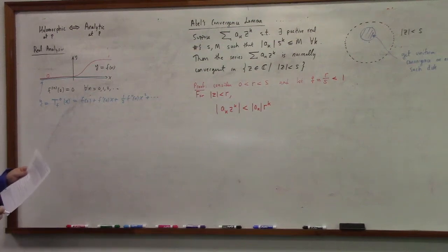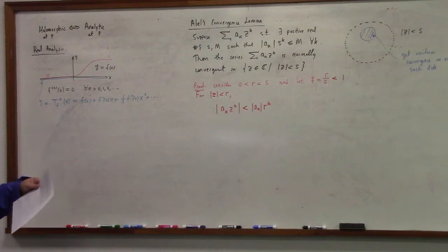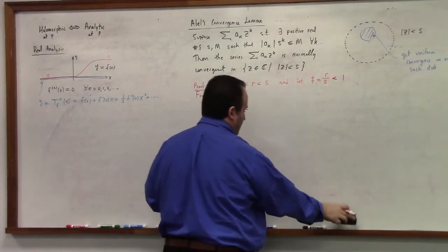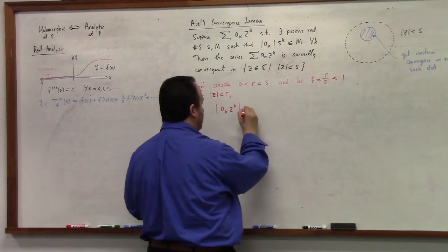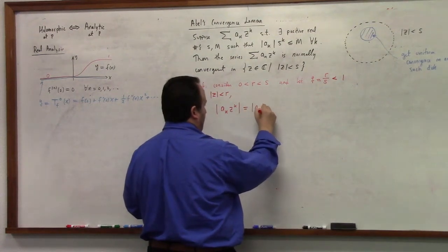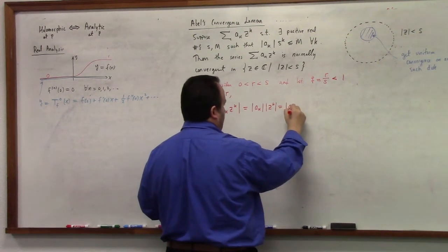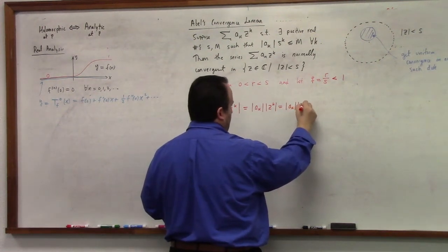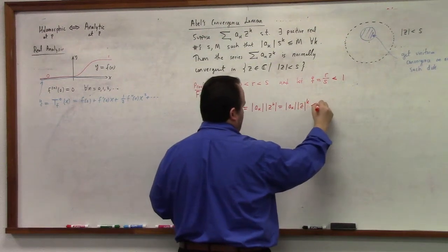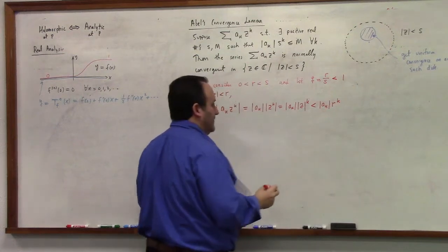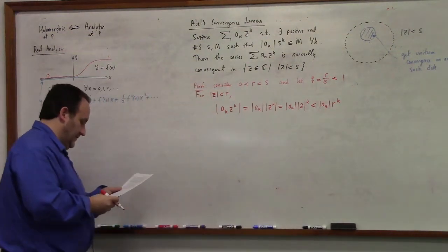I could put in another step. The modulus of the product is the product of the moduli, and then you can pull the k out. So this is equal to modulus of a_k times modulus of z to the k power, which then is less than modulus of a_k times r to the power k by the assumption given.